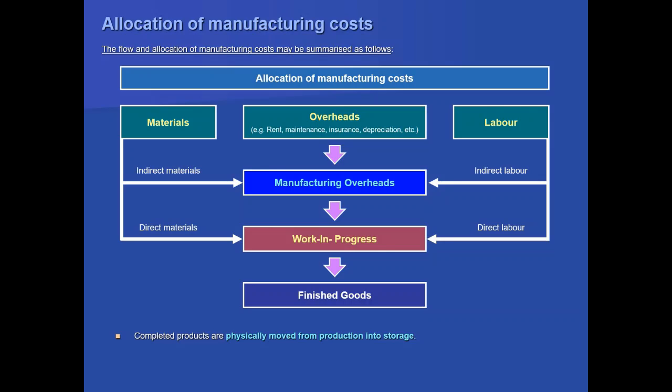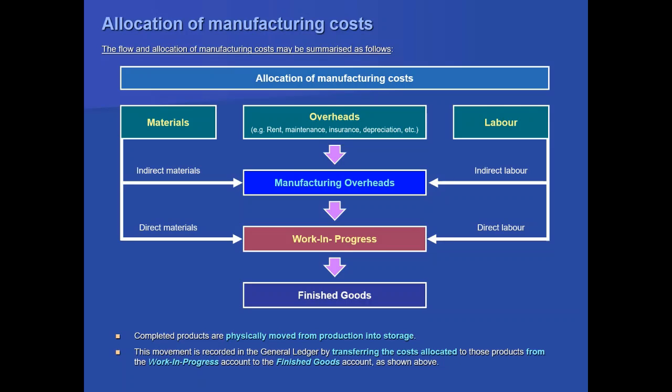So the completed products are physically moved from production into storage, or what I will refer to as the display room, where it's ready to be sold. The movement is recorded in the general ledger by transferring the costs allocated to those products from the work in progress account to the finished goods account as shown above.